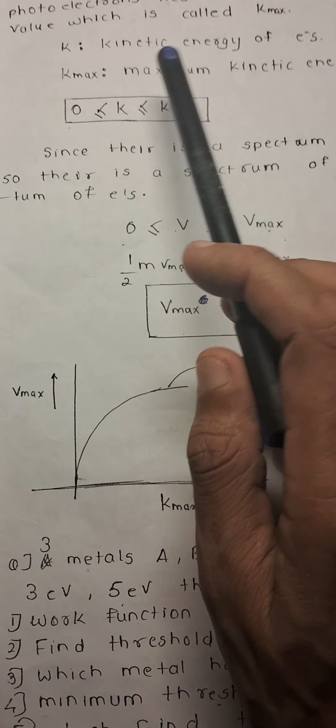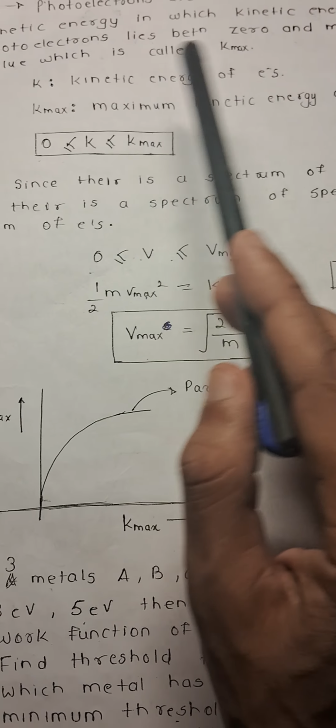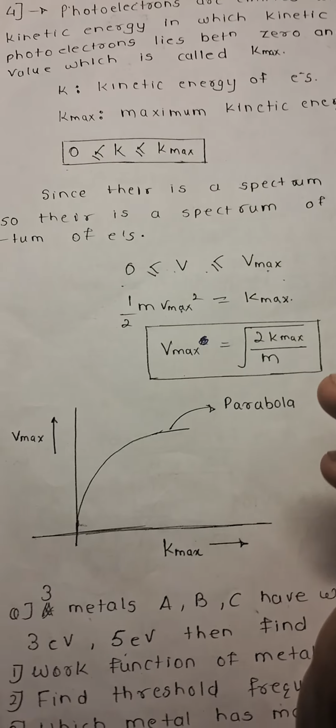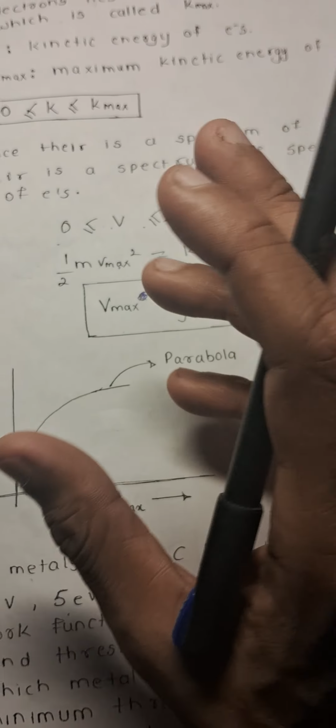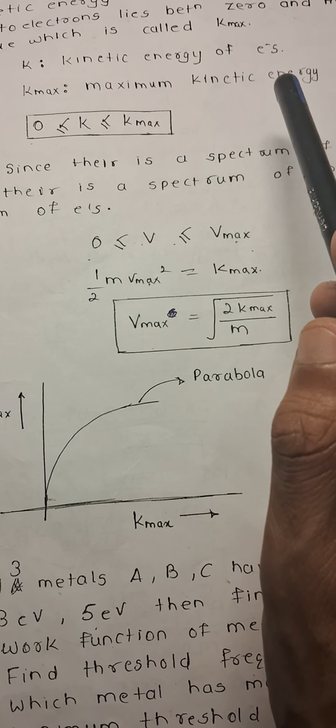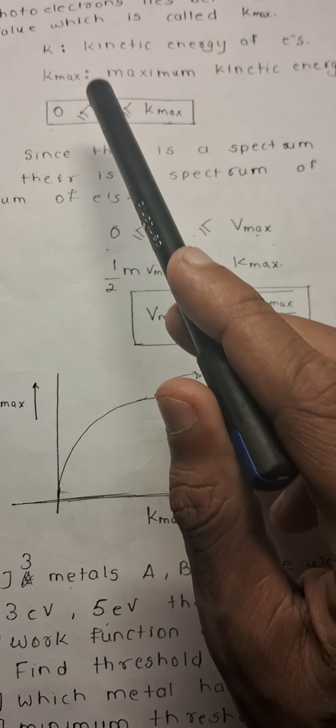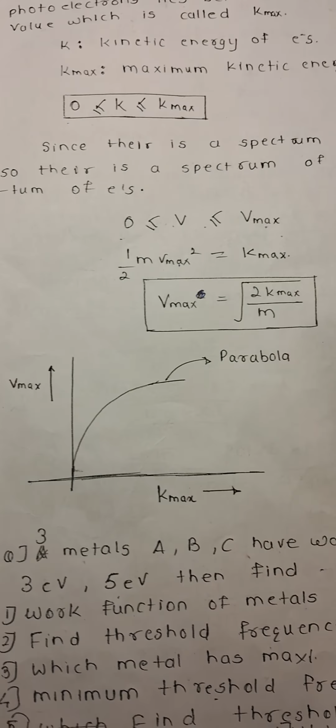Now photoelectrons are emitted with a range of kinetic energy, which is obviously due to collision of the emitted electron with the crystal in the metal. So electrons are emitted with a spectrum of energy ranging from a minimum to a maximum value. The minimum value is 0 and the maximum is Kmax.